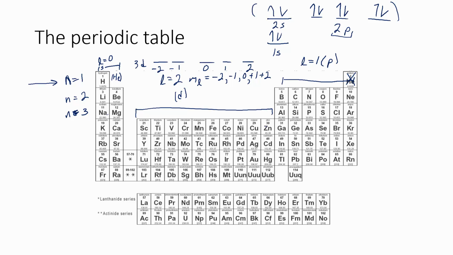There's 10 elements across this row, because we can put 10 electrons in that particular set of orbitals. That's where the 10 elements across the middle come in terms of how they're organized.